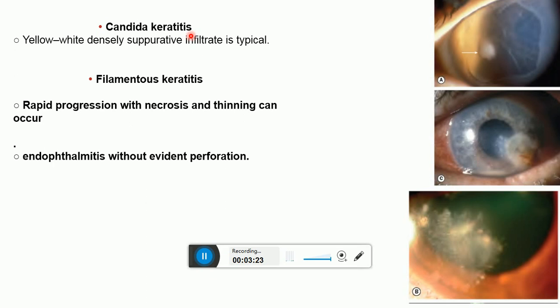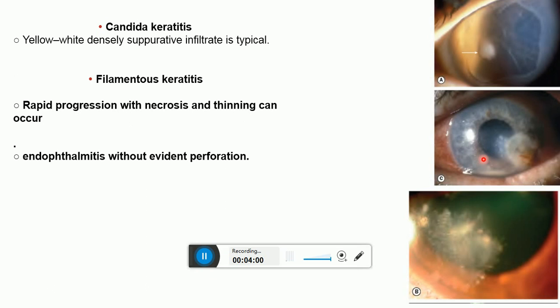There will be a yellow-white, densely suppurative infiltrate in Candida keratitis, while in filamentous keratitis there is a grey, yellow-white stromal infiltrate and indistinct fluffy margins. There is progressive infiltration and satellite lesions. Satellite lesions are smaller lesions near the principal lesions.